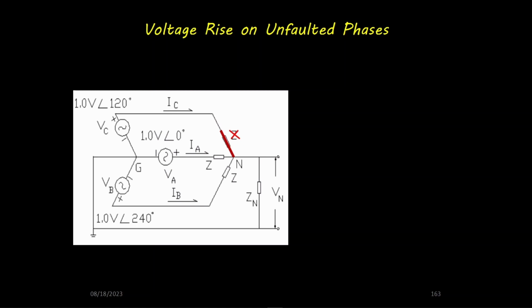This will put a voltage of 1.73 per unit across an element designed for 1.0 per unit voltage. If the Y circuit is solidly grounded, VC will be shorted to ground, therefore the voltage across ZA will remain at 1 per unit. Depending on the value of Zn, the voltage rise can vary from 1 per unit to 1.73 per unit. This holds true for the other unfaulted phases.